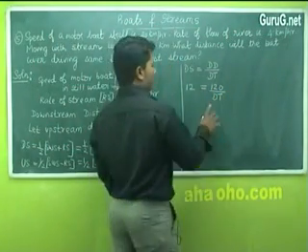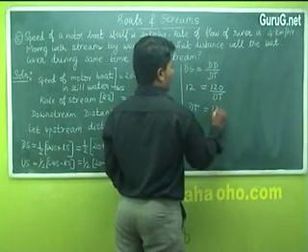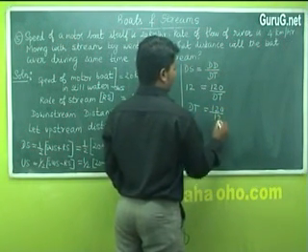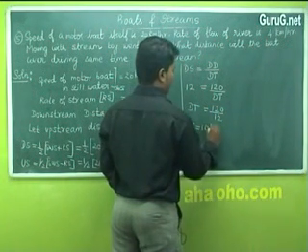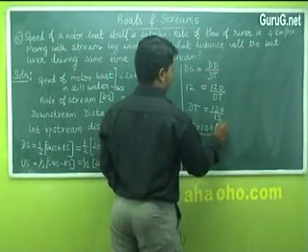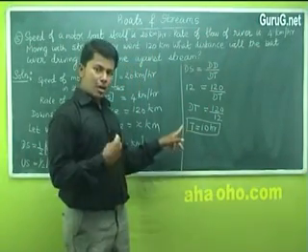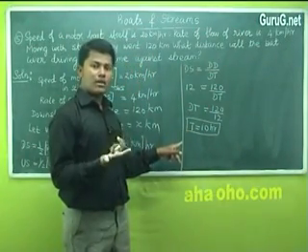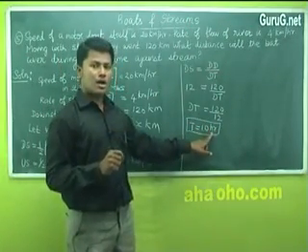Time is constant. So downstream time is equal to 120 by 12. That is time is equal to 10 hours. Why have I taken simply T? Downstream time and upstream time are one and the same. Time is constant. So time is equal to 10 hours.